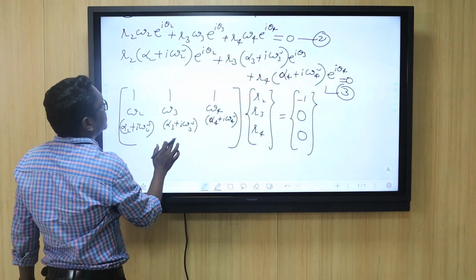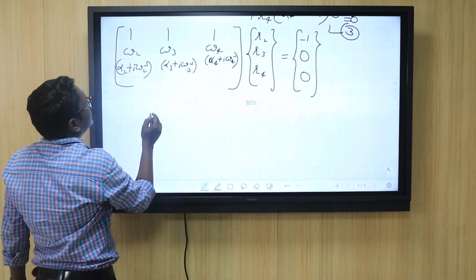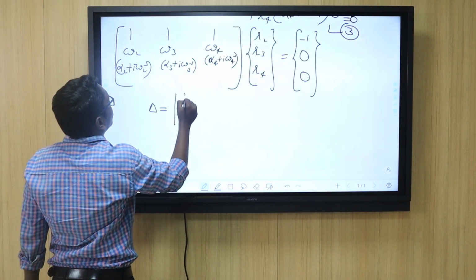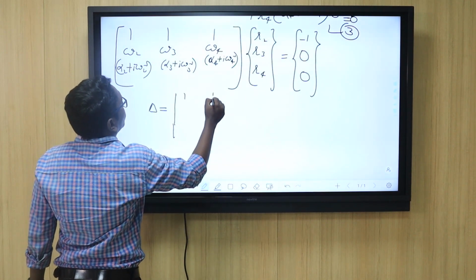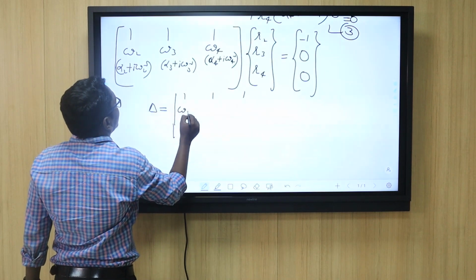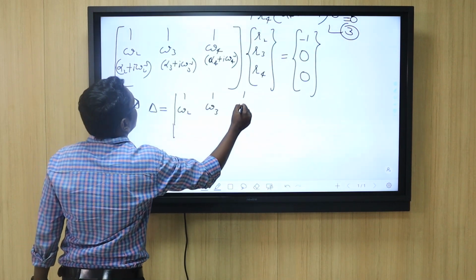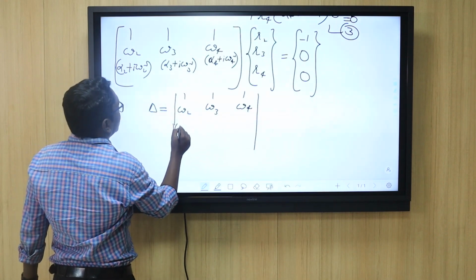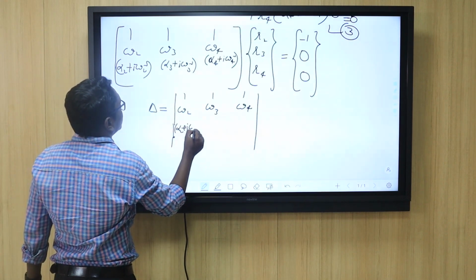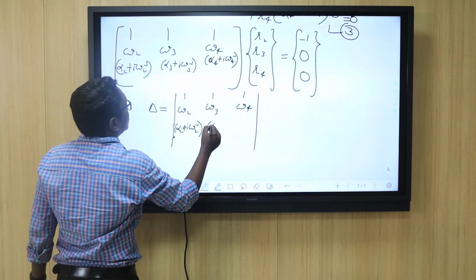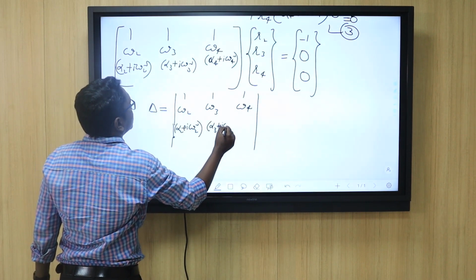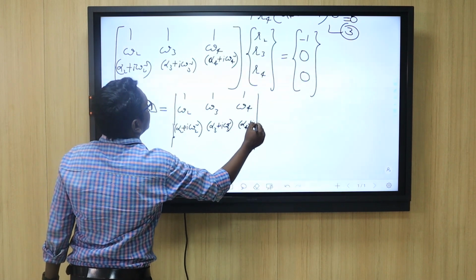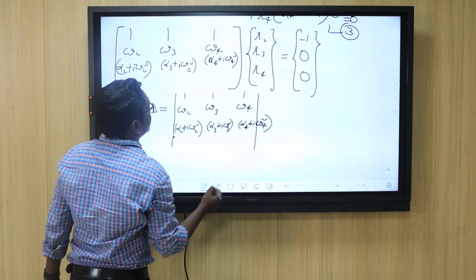So now for this we will get delta, that is equal to the determinant with rows 1 1 1; omega 2 omega 3 omega 4; alpha 2 plus i omega 2 square, alpha 3 plus i omega 3 square, alpha 4 plus i omega 4 square.